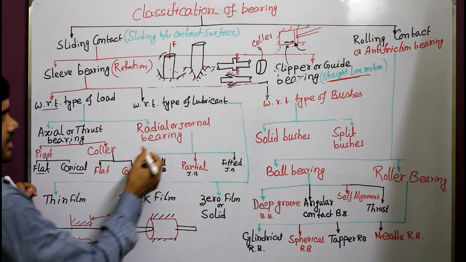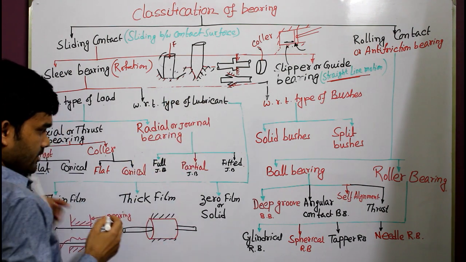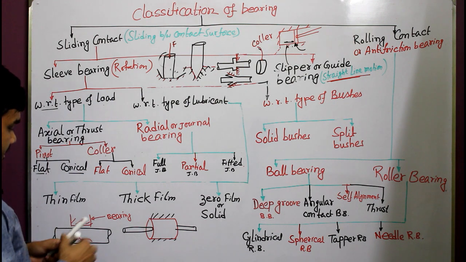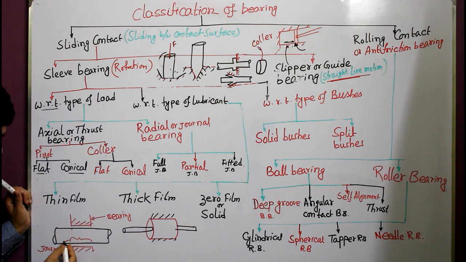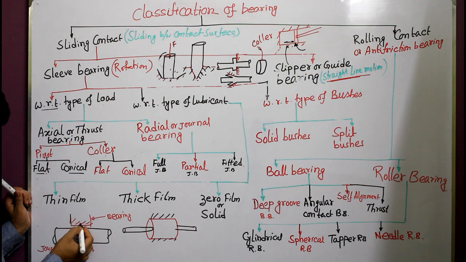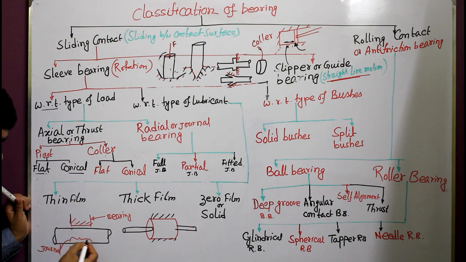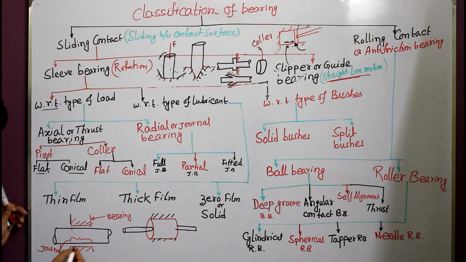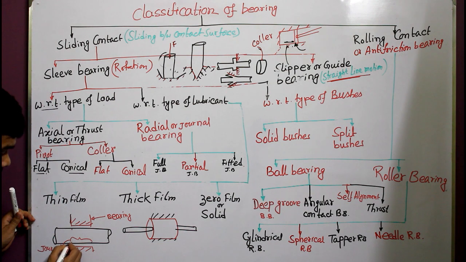Then we have the radial or journal bearing. In the radial or journal bearing, this is our shaft and this is our bearing. The part of the shaft which is inside the bearing is known as the journal.